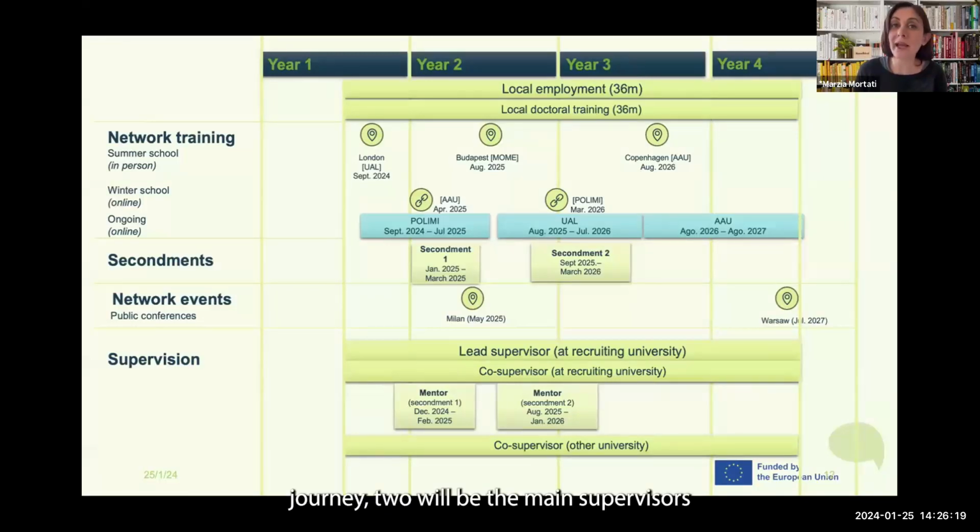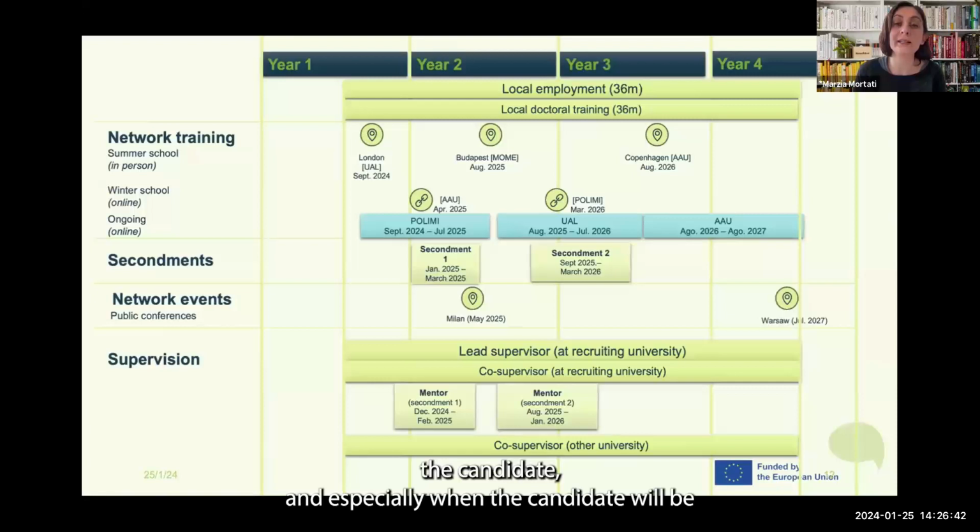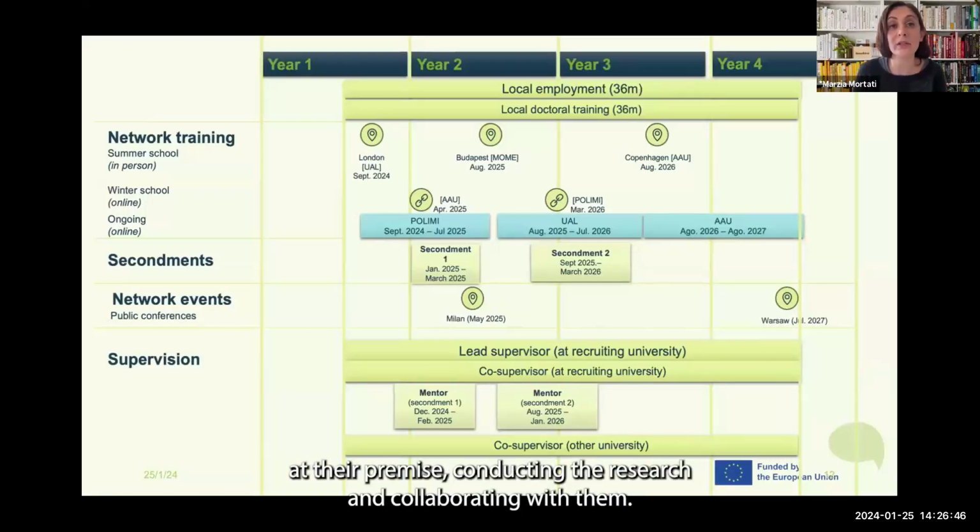2 will be the main supervisors that will follow the candidate daily, which are the lead supervisor and the co-supervisor at the recruiting university where the candidate is enrolled and employed. Then there are the mentors, the experts at the secondment partners, that will also support the candidate in key moments, and especially when the candidate will be at their premises conducting research and collaborating with them.